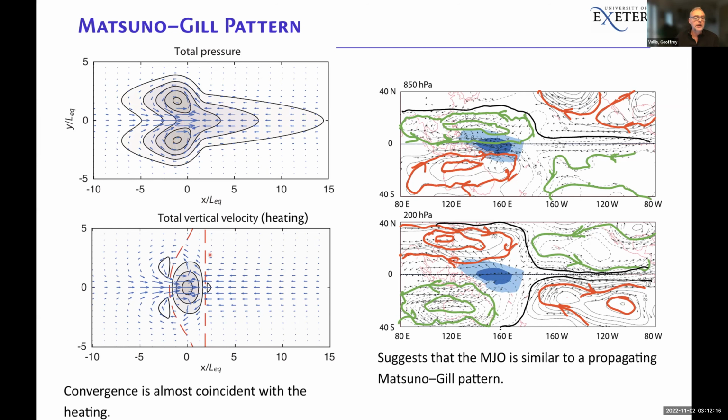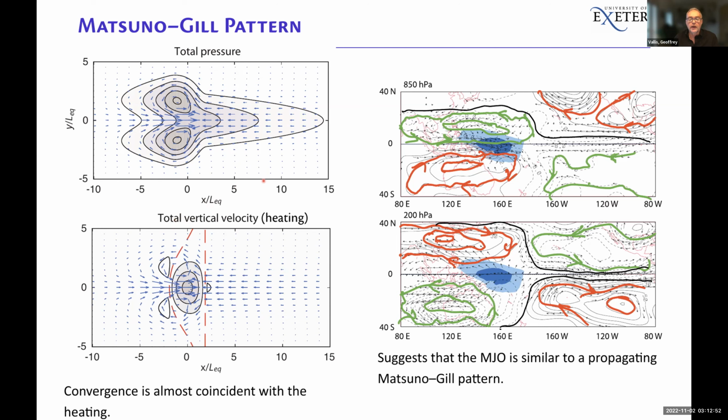So if you put a heating in the bottom left panel, this pattern will fairly generically emerge, just the result of a Kelvin wave to the east and two Rossby waves on either side, slightly off the equator and displaced slightly to the west. And you can see these arrows showing the flow of air, which is converging towards the heating.